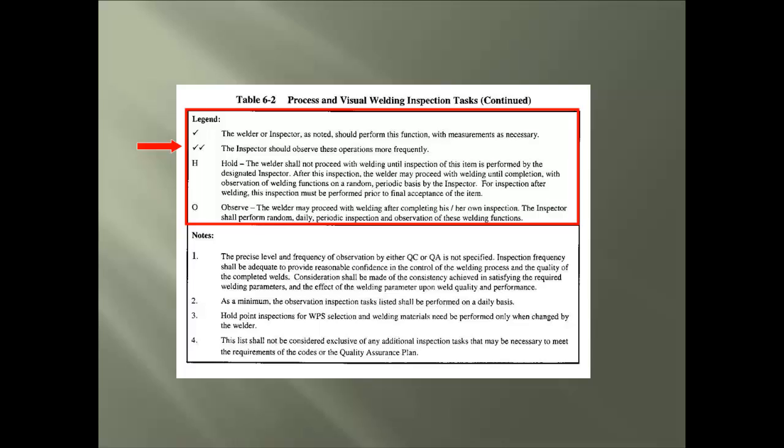A double check means observation of the operation should take place. An H means a hold in action until an inspection action is done and reported. Lastly, with the legend is the O, which means observe the work being performed for the task requirements.